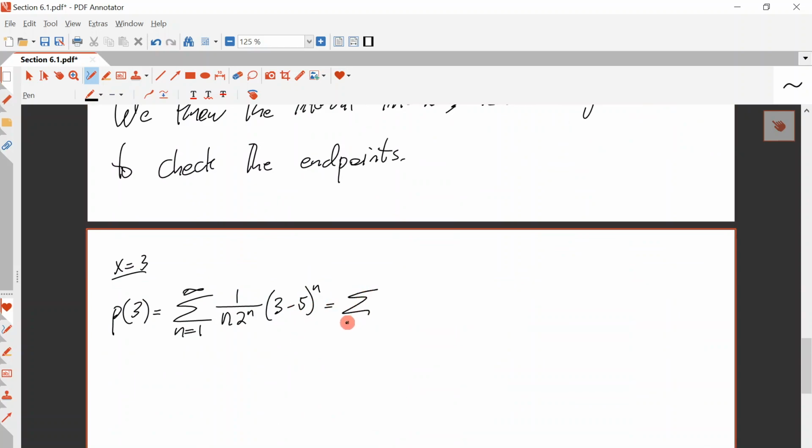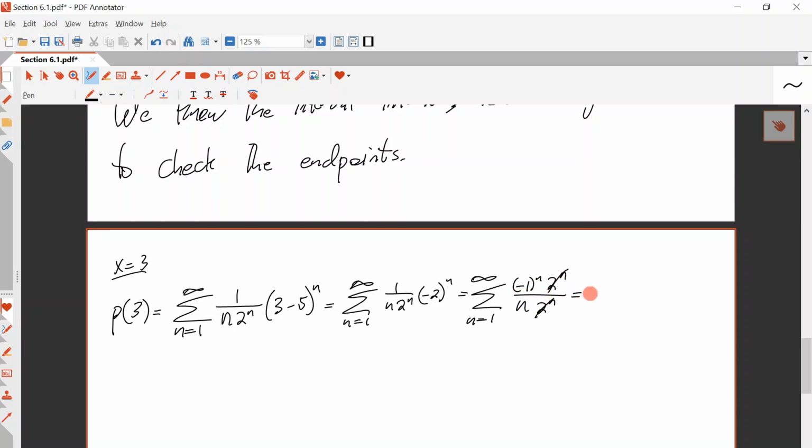So this is the sum. Please pay attention to the algebra here. The sum n equals 1 to infinity of 1 over n 2 to the n, times minus 2 to the n, which is minus 1 to the n, 2 to the n, over n 2 to the n.